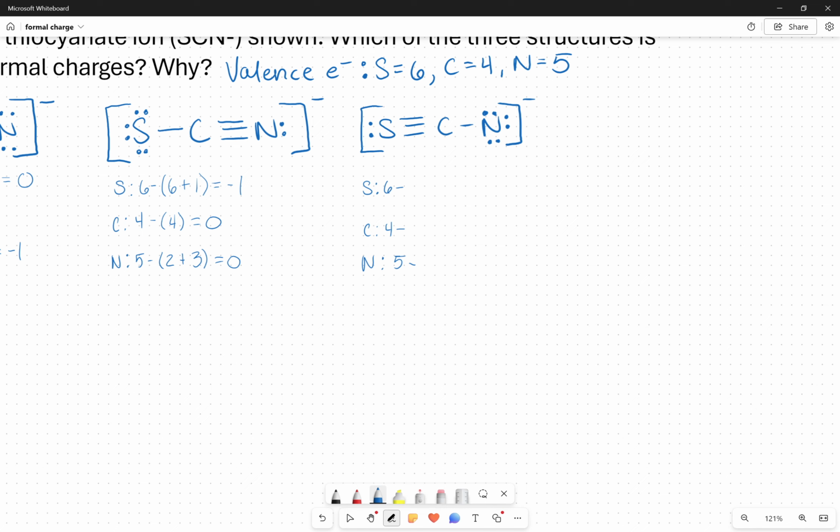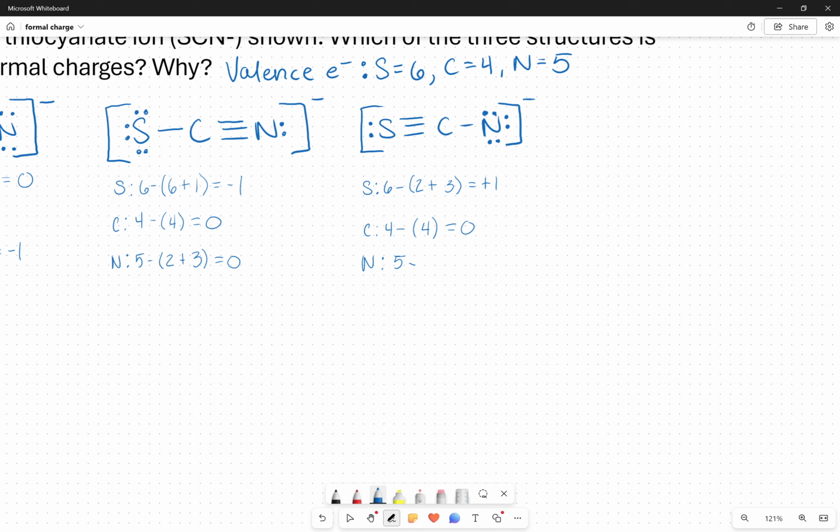Finally, on this third structure, we can see that we start for sulfur with 2 lone pair electrons plus 1/2 of the 6 bonding electrons, so 3. And subtracting 5 from 6, we end up with a +1 charge. For carbon, we again have no lone pairs and 4 bonds, so 4 bonding electrons that we will have contributing, because 1/2 of 8 is 4.